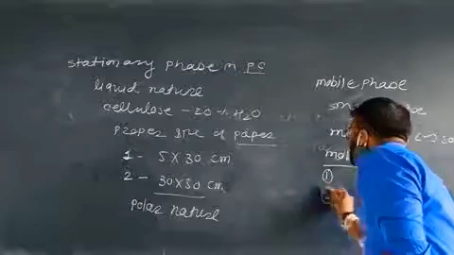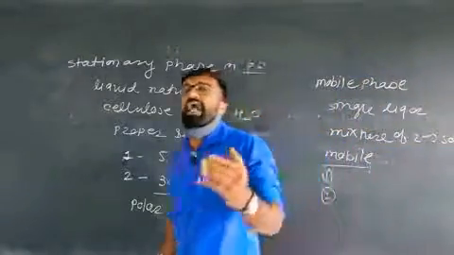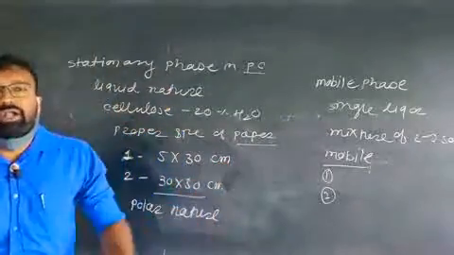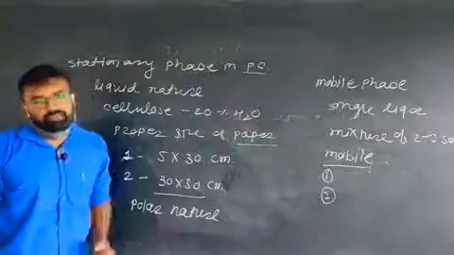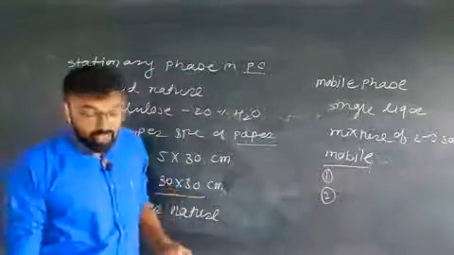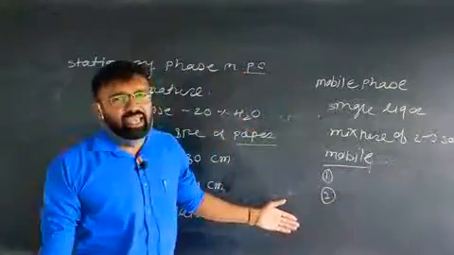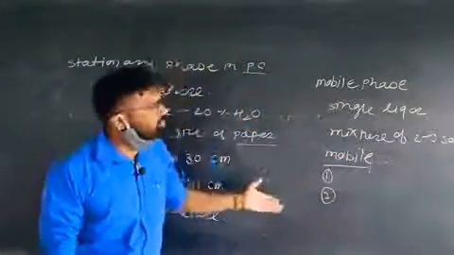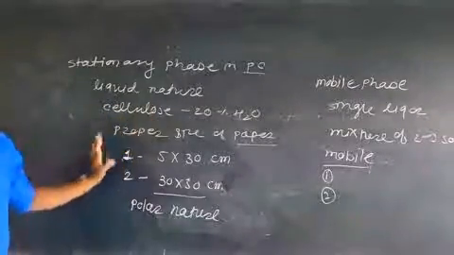Second, solvent should be inert, that it does not show any side reaction with the analyte or with the paper component too. Right? Then polarity of a solvent should be adjusted. Then solvent should not be highly flammable. These are some characteristics. You can search on Google too, no problem. It is sufficient.